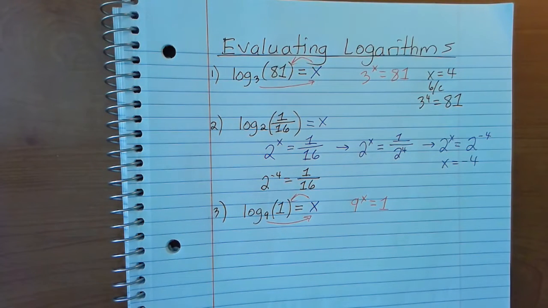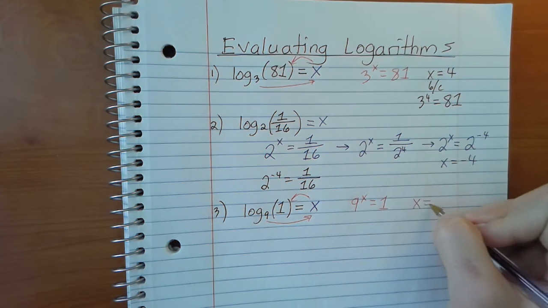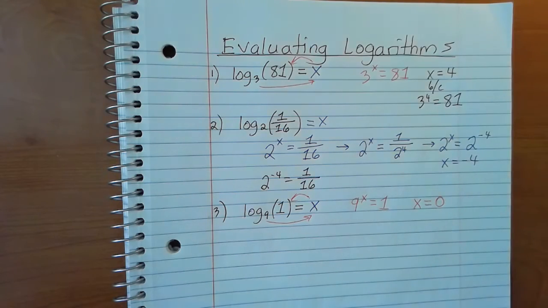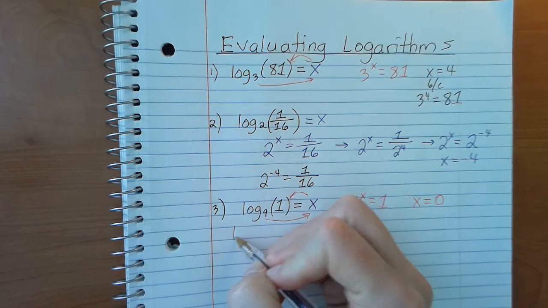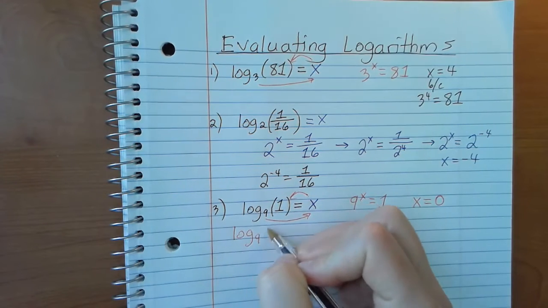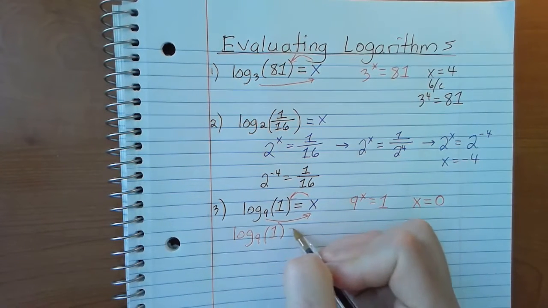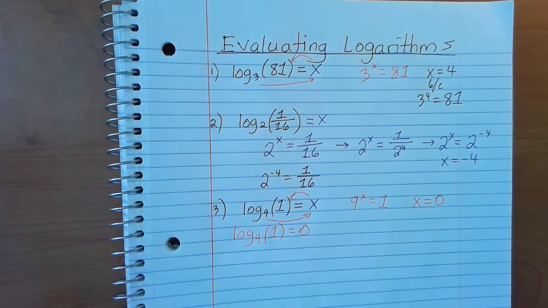If I'm getting to 1, 9 to the power of 0 equals 1, and that just means that x is 0. Remember that that means we are saying log base 9 of 1 equals 0. That's really what we're doing here: trying to evaluate the actual logarithm.